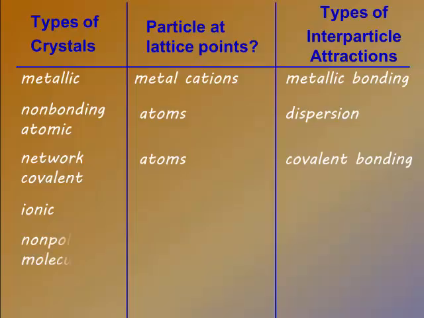Ionic, nonpolar, or polar molecular. What particles make up an ionic solid? Ions. What's the force of attraction between ions? Ionic bonding, the Coulombic attraction between oppositely charged particles.